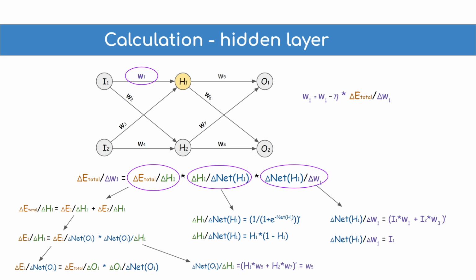But it's good to know how the formulas are shaping behind this learning process of neural networks. This is kind of the first step in order to understand machine learning.